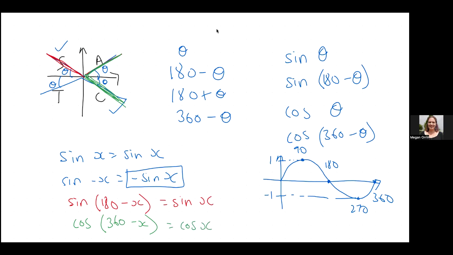Let's try one. Let's say I'm going to do sine of 180 plus x. That is here. It's negative. So which other quadrant am I allowed to be in? This one, right? This is my other allowable quadrant. So how would I write that?